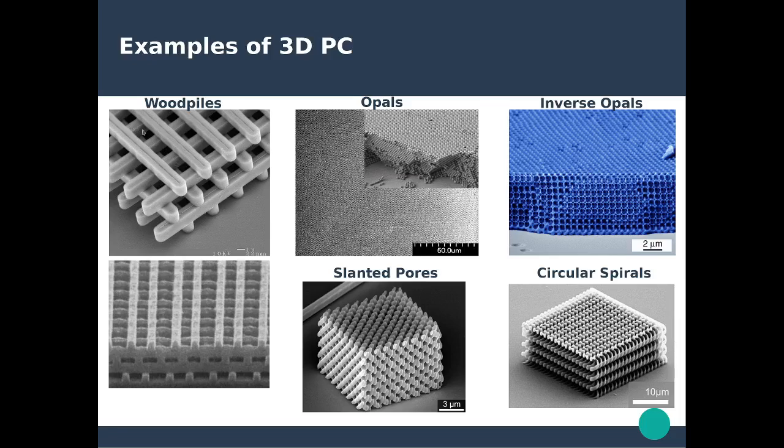Once again, those things are typically done using lithography techniques. You can also have opals forming those 3D photonic crystals. This is something which is typically done using chemical synthesis and colloidal solutions of nanoparticles.